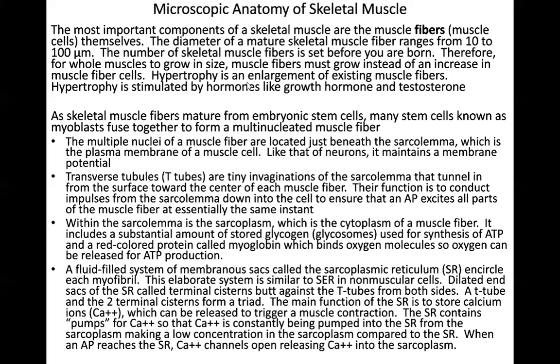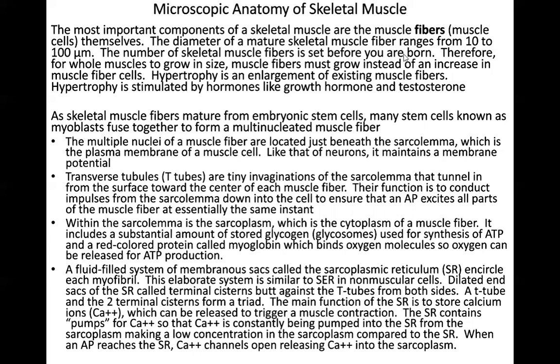Most important components of a skeletal muscle are the actual muscle fibers. Fibers are just a fancy way to describe muscle cells. Okay, the diameter of a mature skeletal muscle fiber ranges from about 10 to 100 microns. What's cool is the number of skeletal muscle fibers that we have is set before we're born.